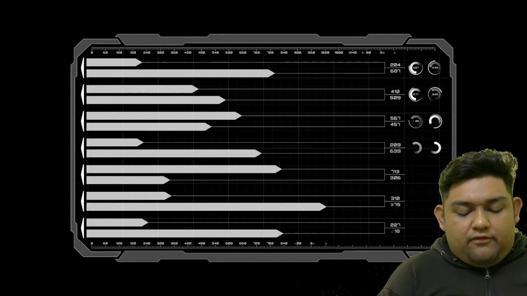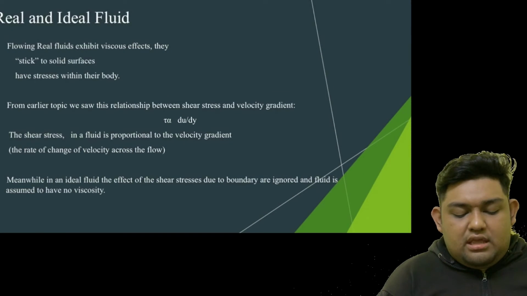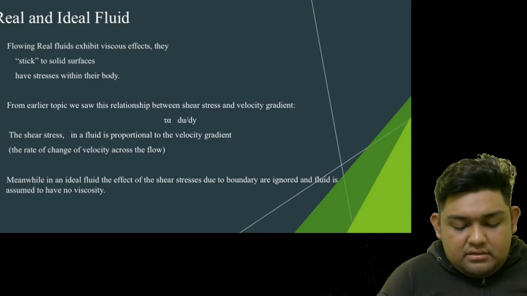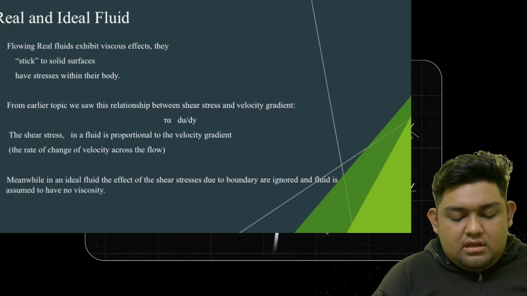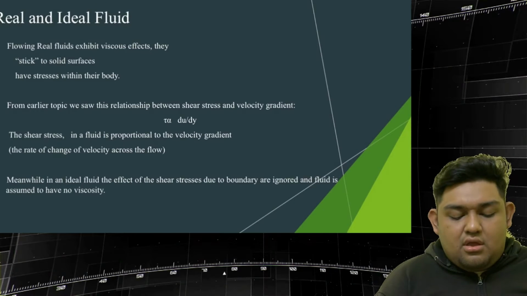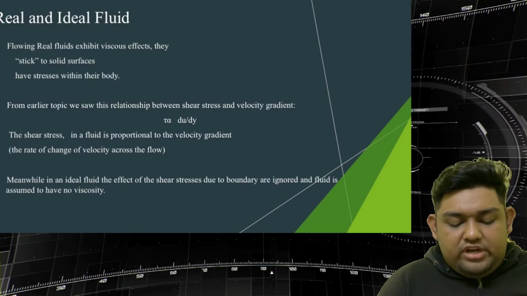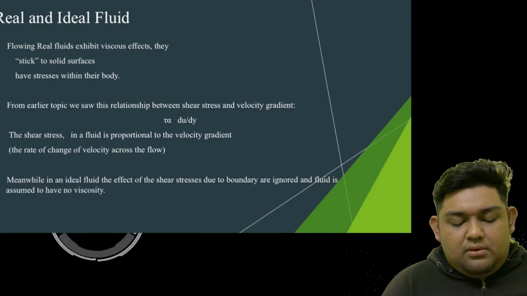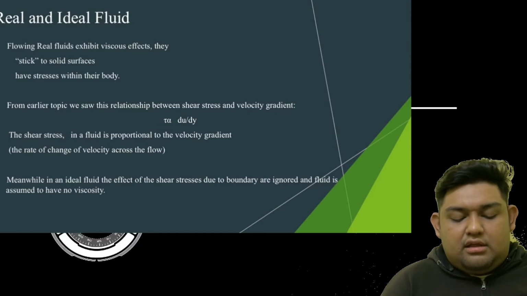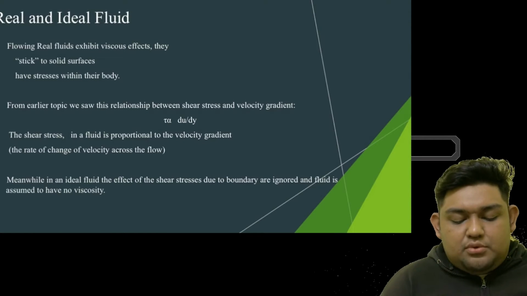Real and ideal fluid. Flowing real fluids exhibit viscous effects; they have shear stress when in motion. From an earlier topic, we saw the relationship between shear stress and velocity gradient.